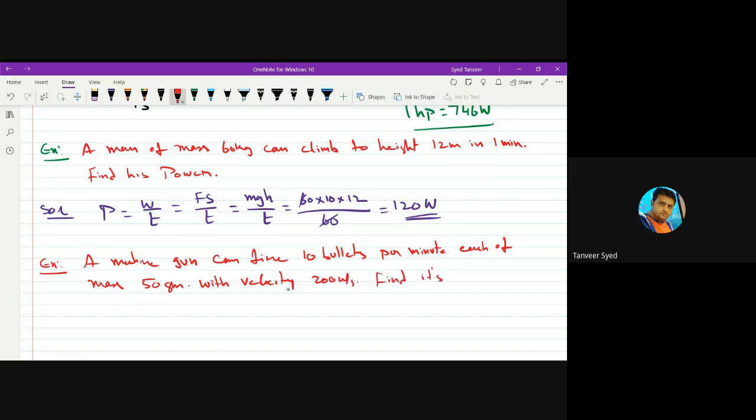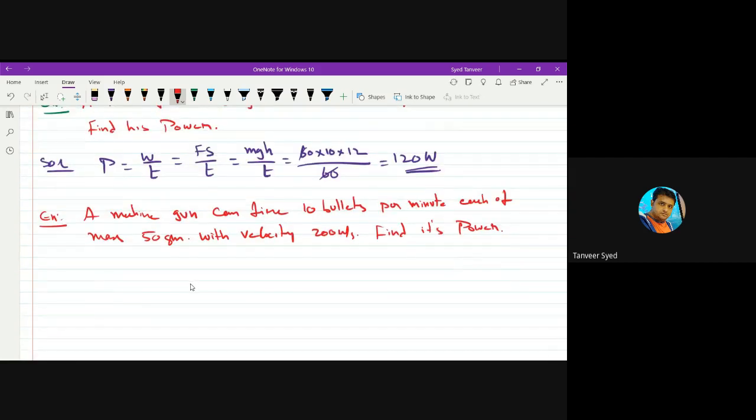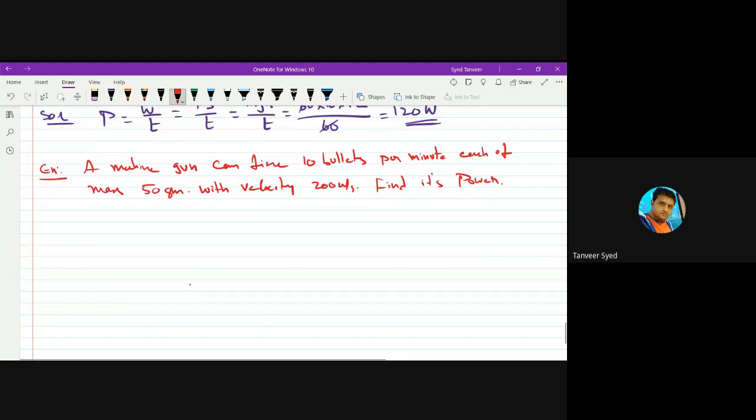Find its power. The machine gun is firing 10 bullets per minute with speed 200 meter per second.